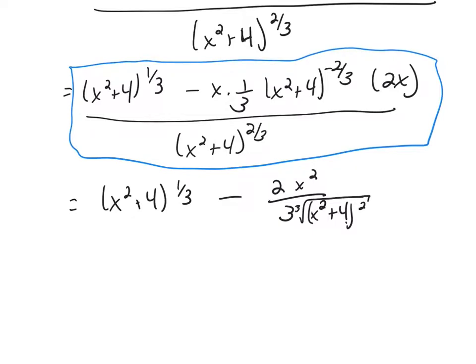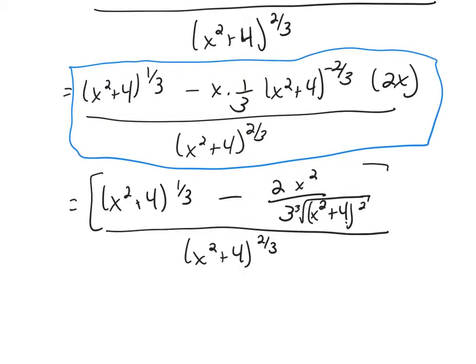All divided by this x squared plus 4 to the 2/3. So you're going to get a common denominator in the numerator. So everything I have right here in the numerator, get a common denominator, which would be this one right here.